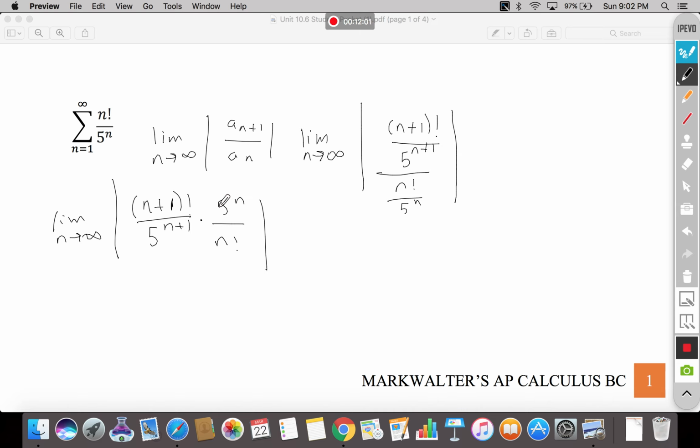So the 5 to the n's will all cancel out, leaving us with, remember, if you use your exponent rules, 5 to the n plus 1 is really 5 to the n times 5 to the 1. So the 5 to the n's will cancel out, leaving us with a 5 to the 1 down here. N plus 1 factorial.